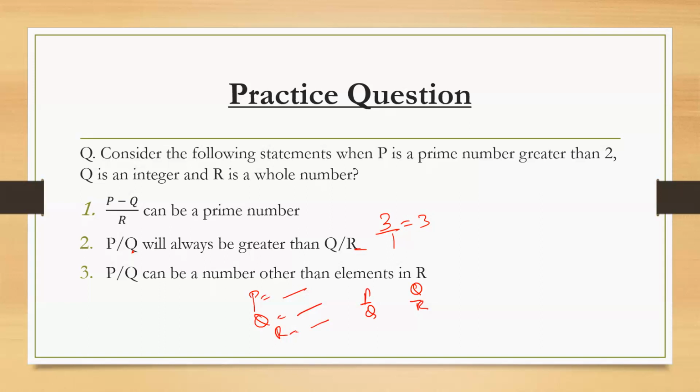What is the value that you have used? 1 by 1. So then again, Shivaranjani, 1 is not a prime number. It's Q by R, yes.